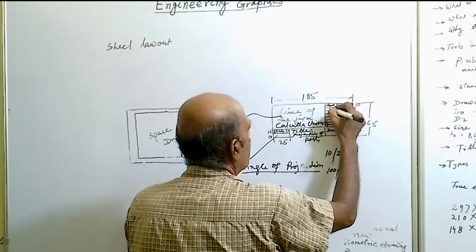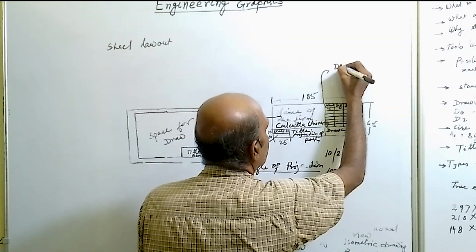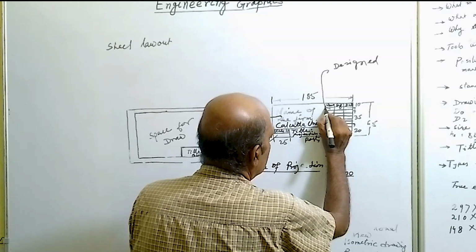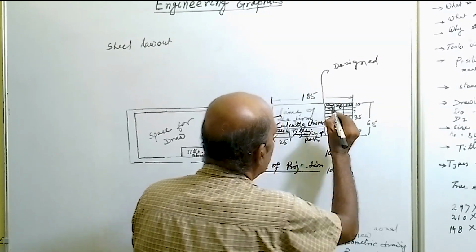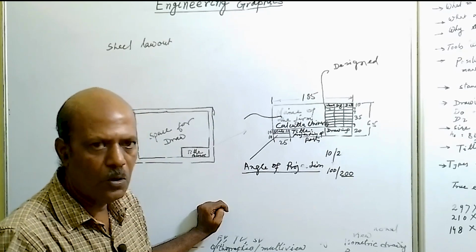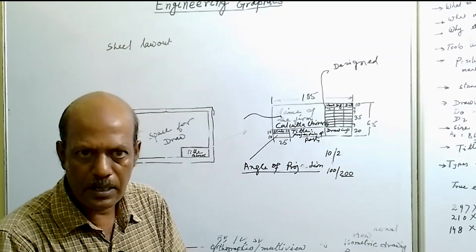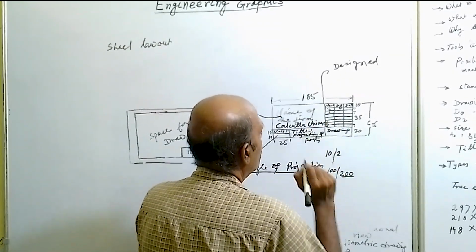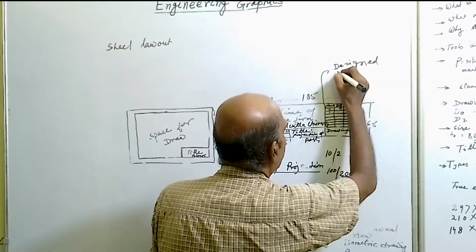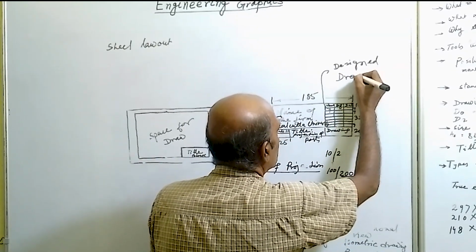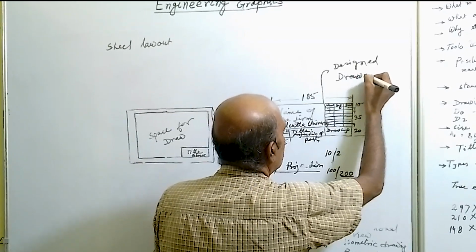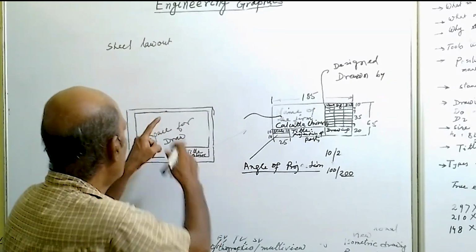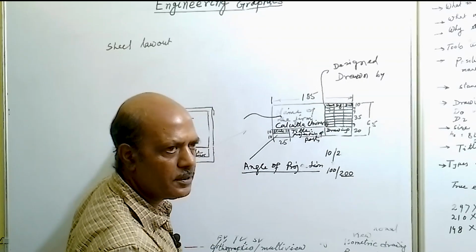So in the first block here it will be written designed by. First the design of the component will be done, and then in the second box we will write drawn by. What is drawn by? Drawn by means the person who is drawing on the sheet of paper.